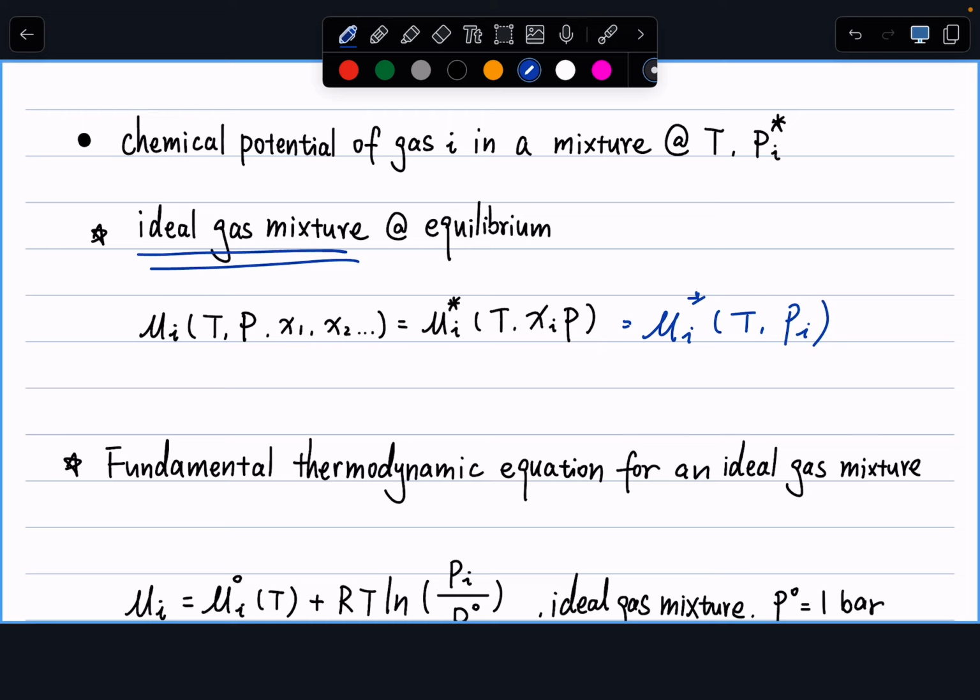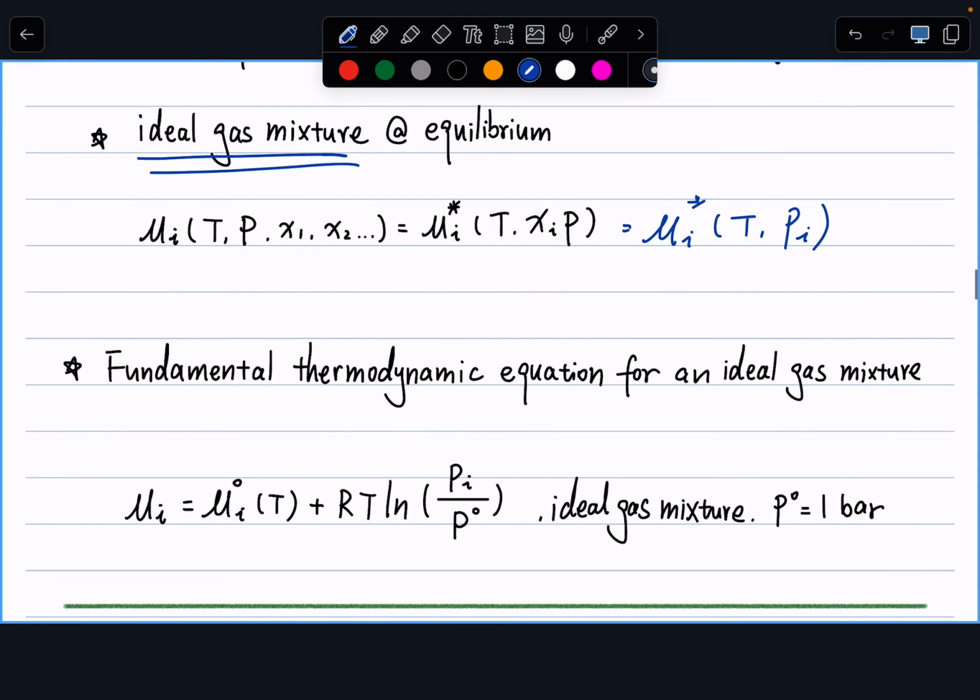And then we build up a chamber to demonstrate that the chemical potential of species A in that mixture is the same chemical potential as that species A as a pure substance with the same partial pressure. So we can use this equation, and that's what we call the fundamental thermodynamic equation of an ideal gas mixture.